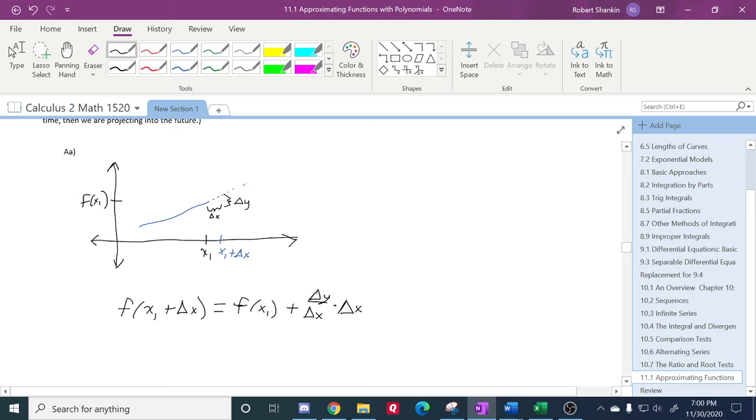Because the delta x's would cancel out, and you'd get the appropriate height plus the height that you're supposed to have to add to this. And this is the same as f of x1 plus f prime at x1 times delta x.